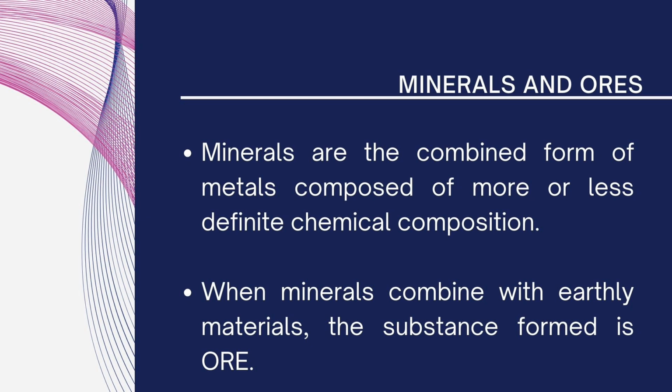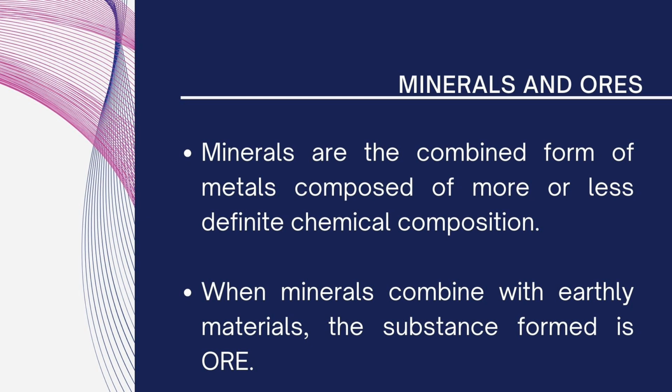Alright, when it comes to metals, there are some terms that are needed to be known as a chemistry student or a chemistry professional. Some of them include the minerals and ores. Now minerals are the combined form of metals composed of more or less definite chemical composition.